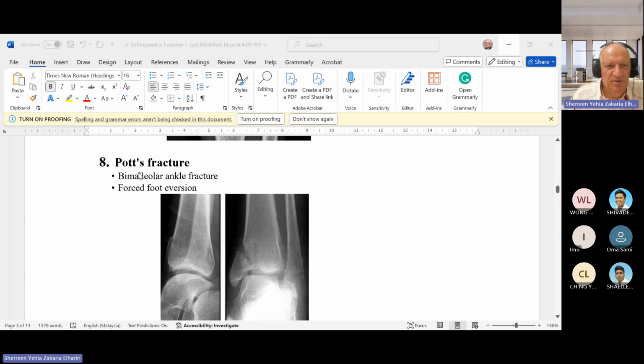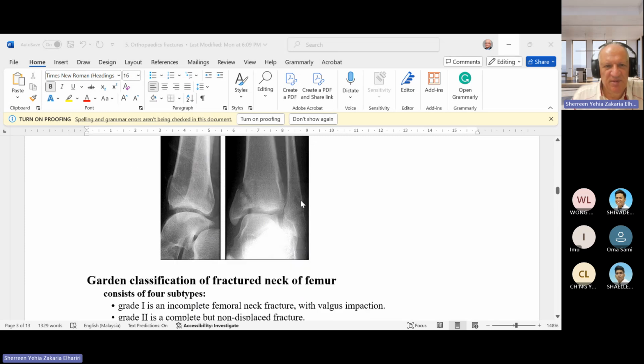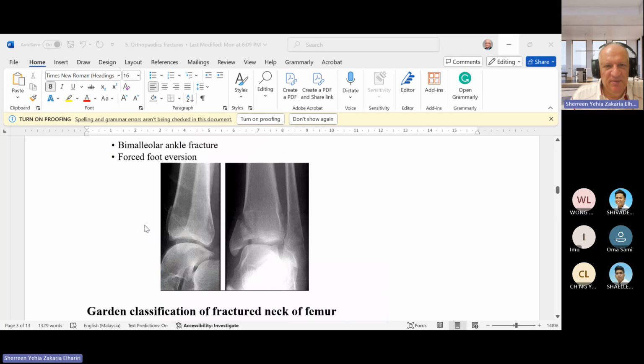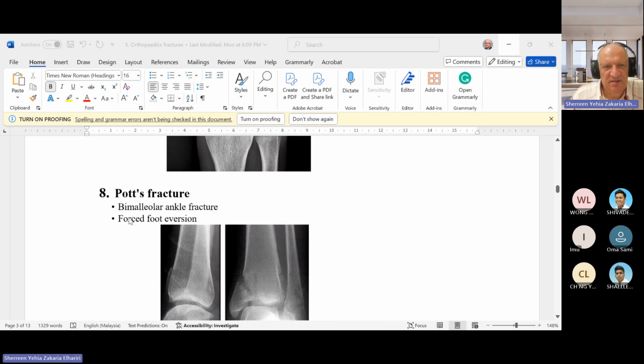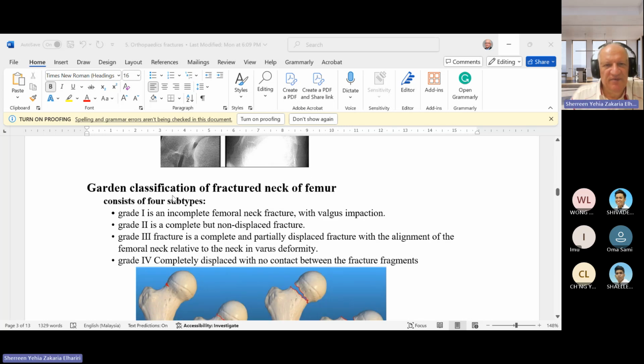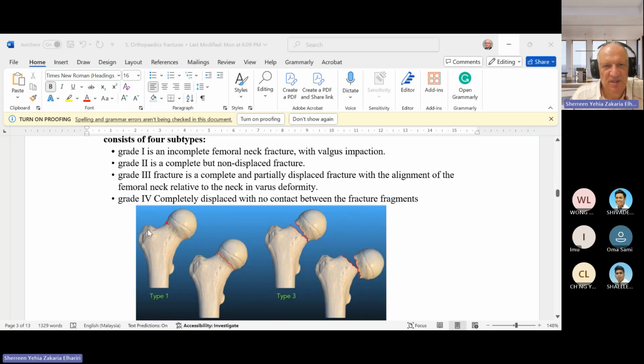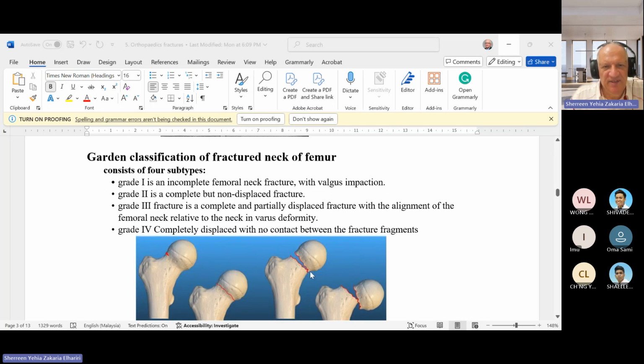Well, lower limb, of course, we have fractures of both the tibia and fibula. The common fractures include bimalleolar ankle fracture. We have fracture of the neck of femur, which has many grades. It is not important to know the grades, but it is important to know that at the higher grades it can have avascular necrosis, and we need to do hemiarthroplasty or removal of this part.